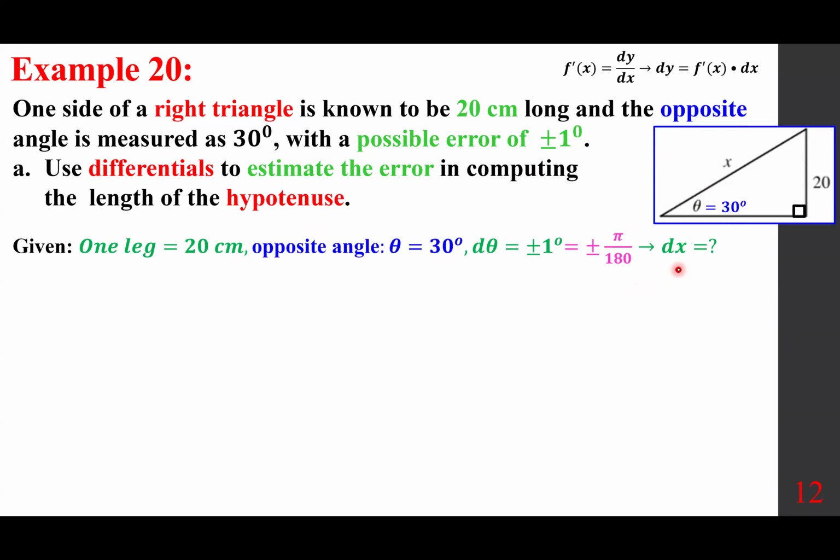So we want dx. Now, in a related rate, we have to relate what we know and what is missing, in this case x and the angle. As you can see, sine theta is the opposite over the hypotenuse, so sine theta is 20 over x.